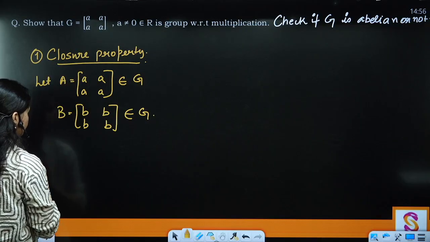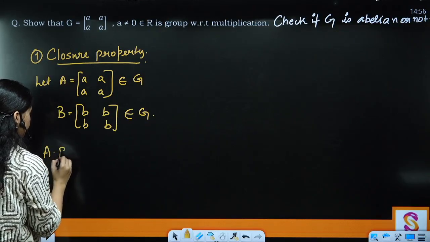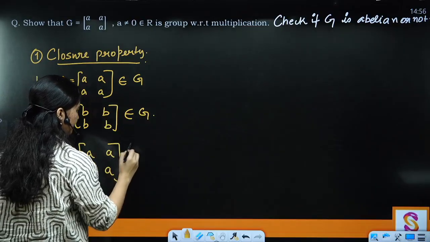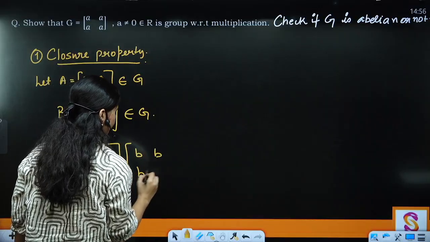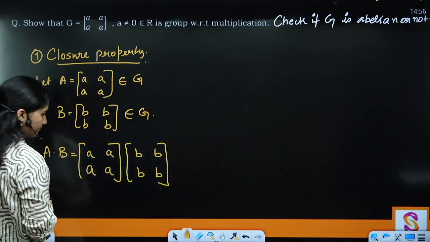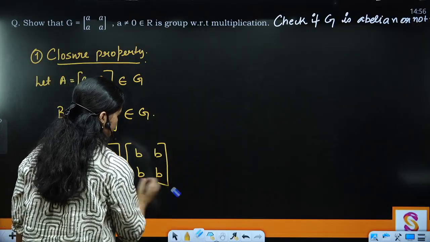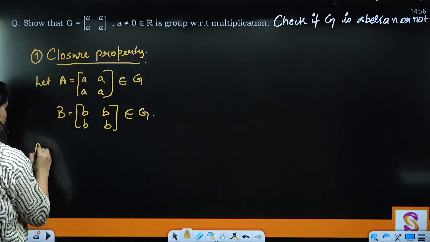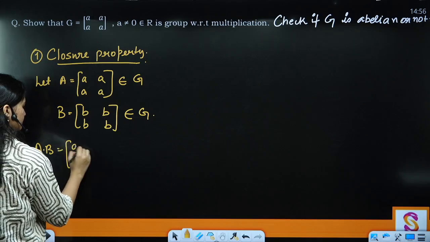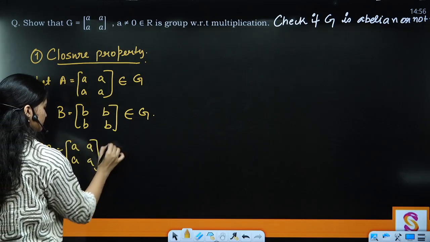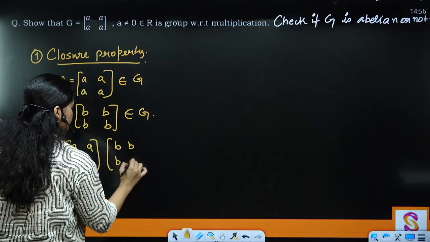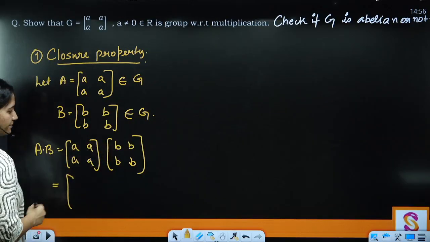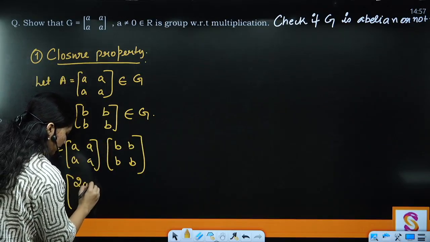Then you have A dot B. Now a into b plus a into b, so this is going to give me 2ab.